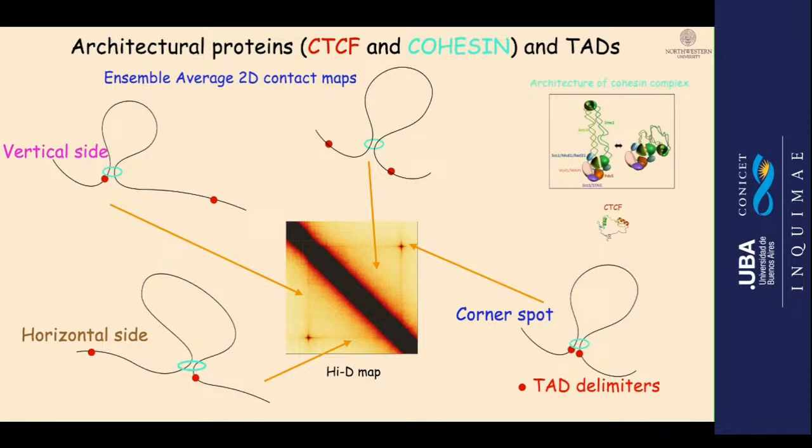This slide summarizes how loop extrusion by architectural proteins, a process happening in 3D space, is thought to generate the key features observed in Hi-C maps.